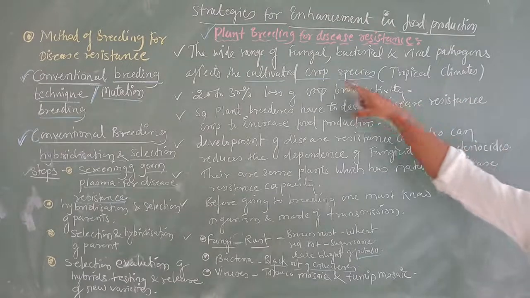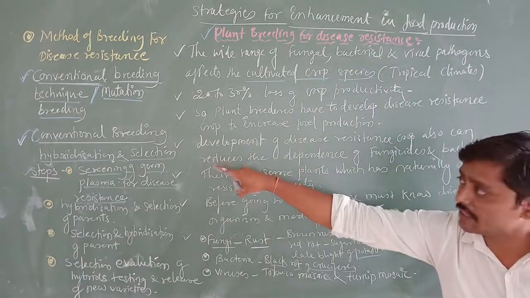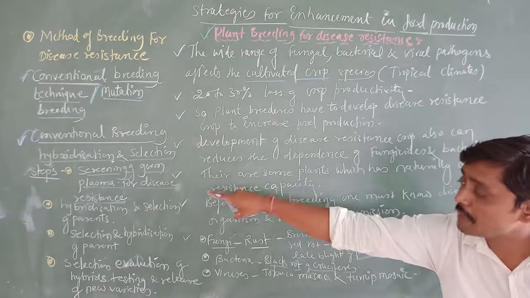So in plant breeding for disease resistance by the conventional breeding method, the first step is screening of germplasm for the disease resistance.